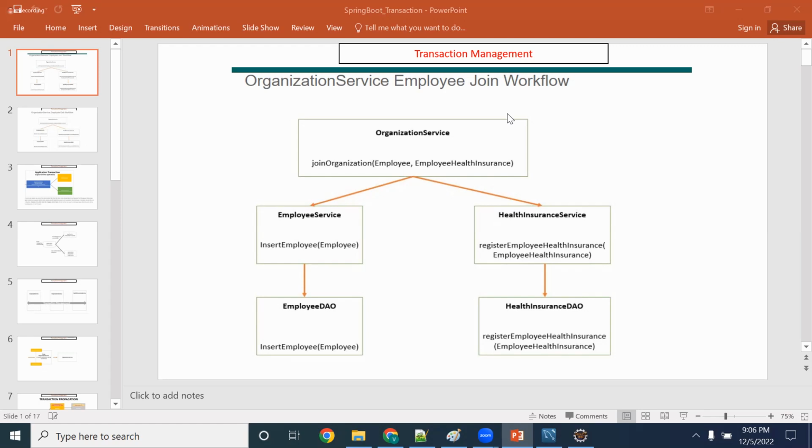Whenever we start a transaction, it will create a temporary memory block, and if any database statements, DML statements, come in, all of them should be part of this temporary memory block only.